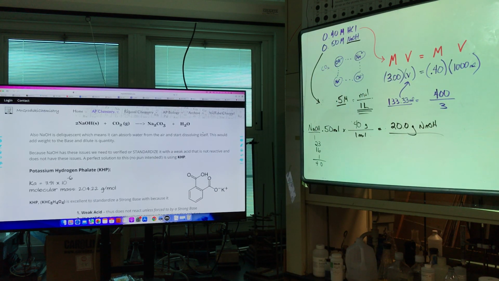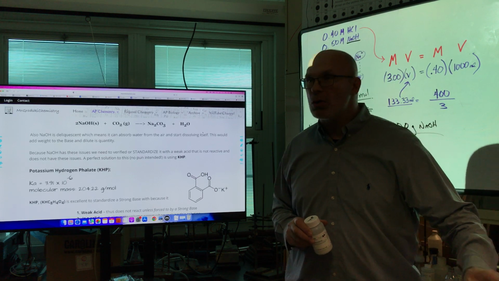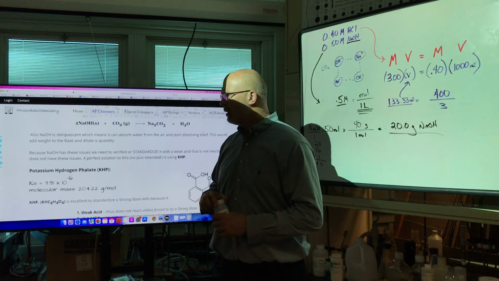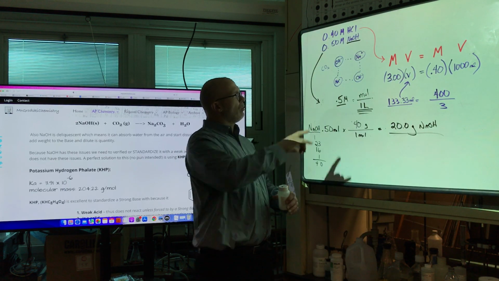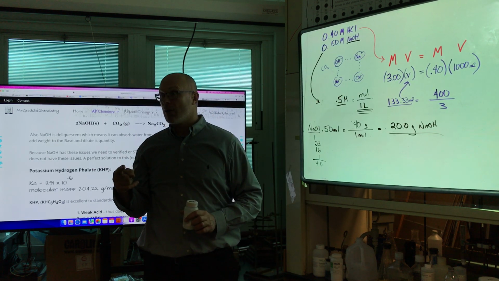I put a sodium hydroxide pellet in the air today. Okay? I'm going to put it on the screen here. What I did is, sodium hydroxide is also hygroscopic. What that means is not only will it attract CO2, it'll attract water in the air.